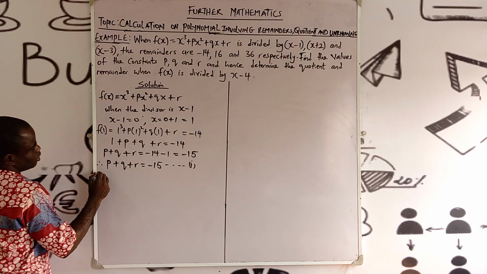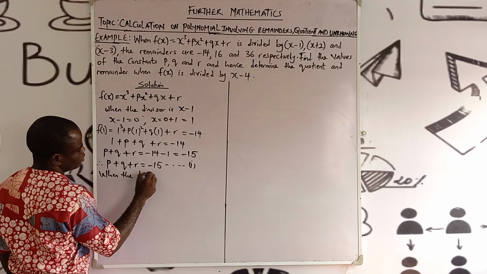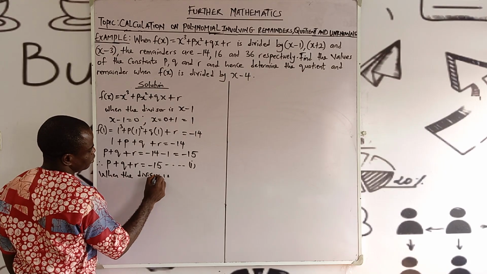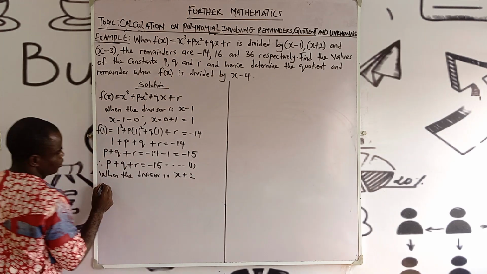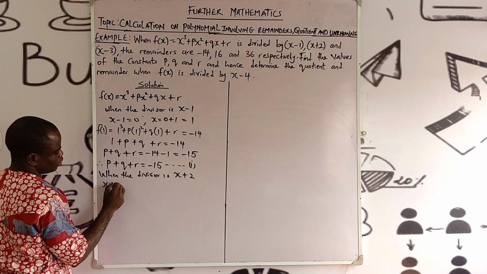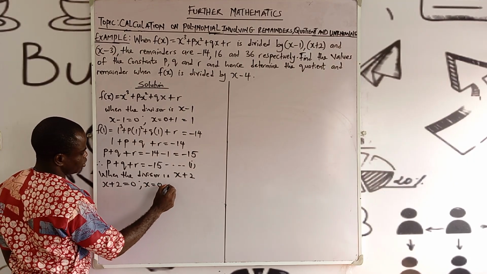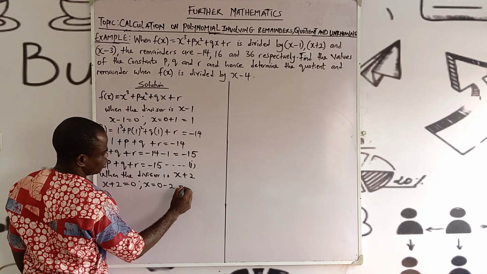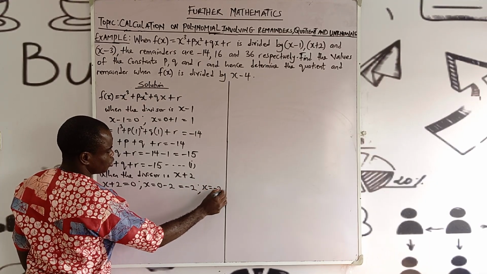That's when the second divisor is x plus 2. Having x plus 2 equal to 0, x equals 0 minus 2, which equals minus 2.